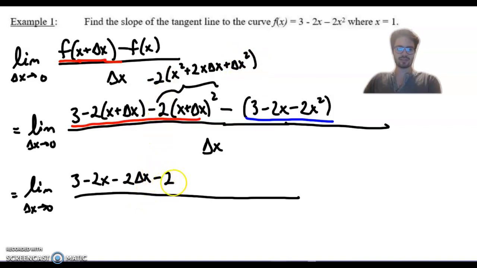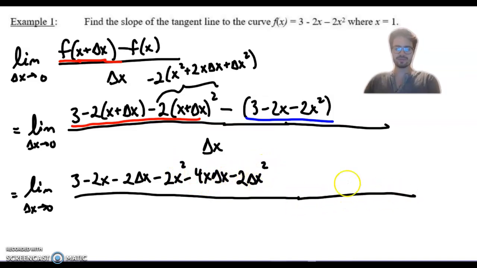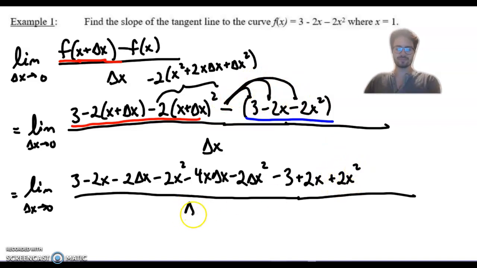So that's going to be minus 2x squared minus 4x delta x minus 2 delta x squared. And then this whole part is going to be minus 3 minus 2x plus 2x, right? We're distributing that negative, plus 2x squared.